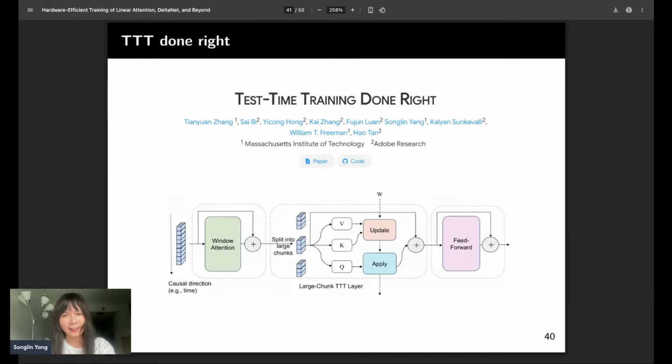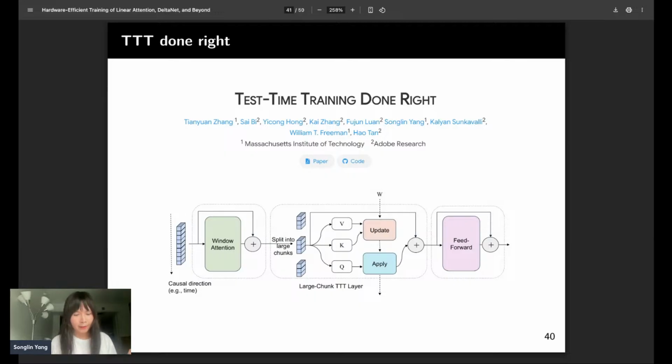But we just think that, okay, we can use a chunk softmax attention. So it doesn't matter if we update the recurrent state in a less frequent manner. And by incorporating the chunk attention, we can have a much larger chunk size for this recurrent update.